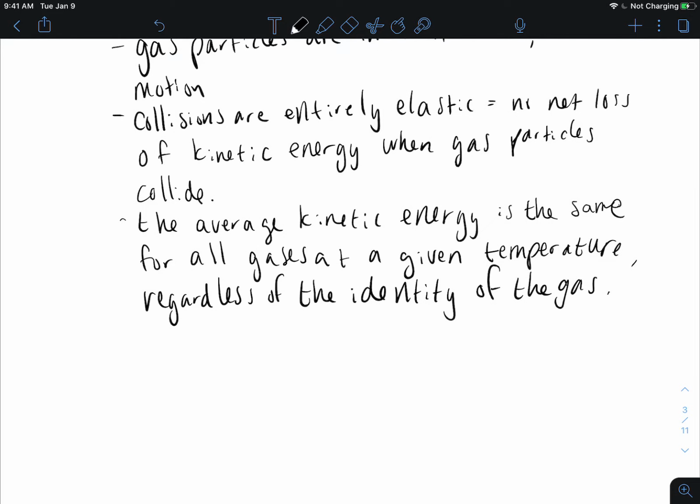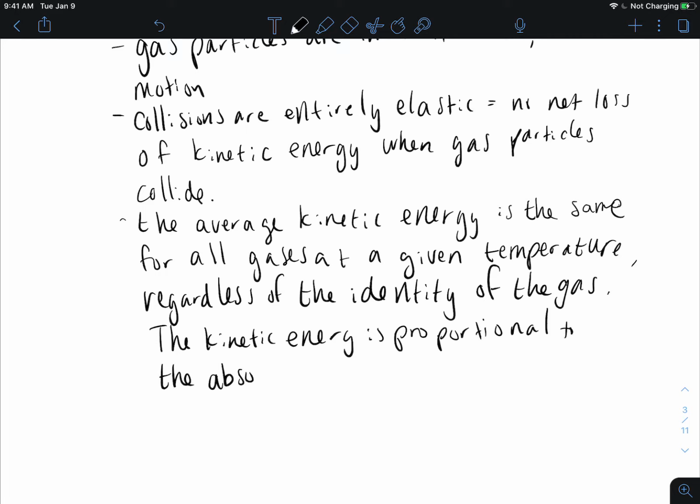And the kinetic energy is proportional to the absolute temperature, Kelvin. So we're always talking about temperature in Kelvin here.